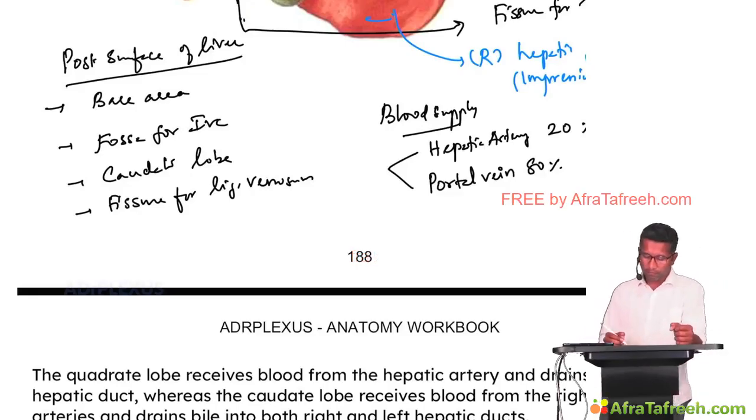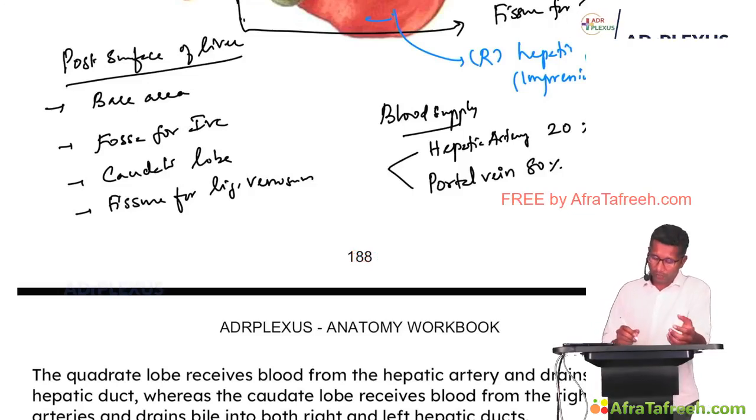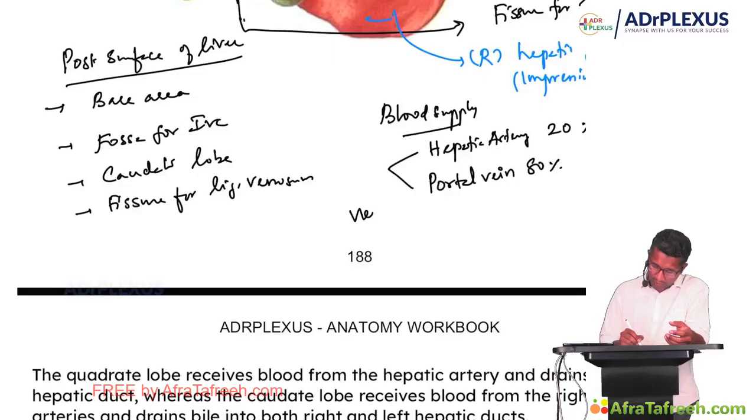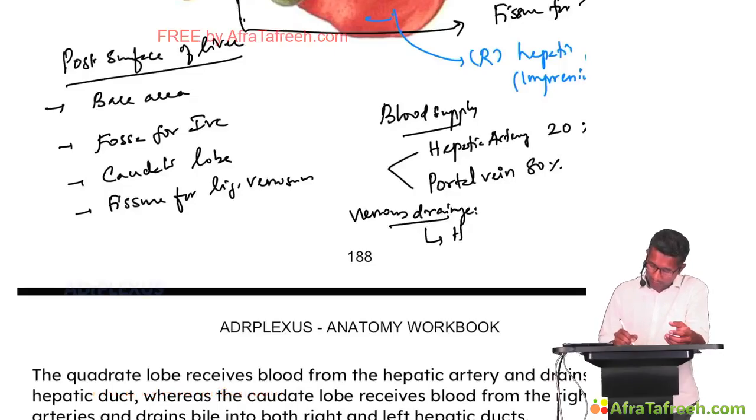And the veins are the venous drainage of the liver. The liver is drained by veins called hepatic veins. There are two groups of hepatic veins, upper and lower.